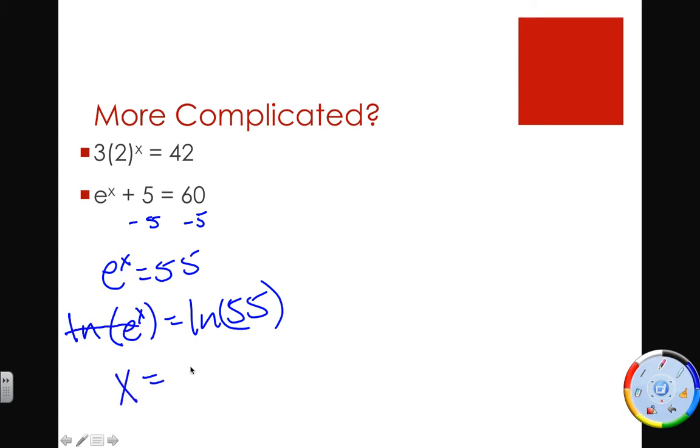I'm left with x equals the natural log of 55, and that's the exact answer, but the approximate answer is 4.01. And again, you can always check. e to the power of answer, plus 5 is 60. I got the right answer.